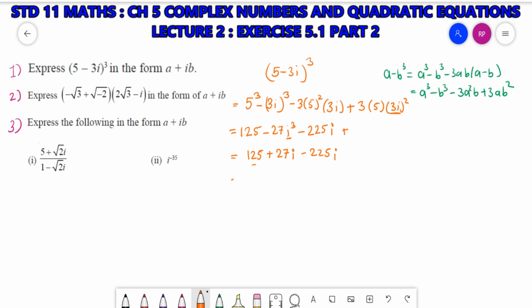So 27 into 5 equals 135. 135 i square. Now i square is minus 1, so it will be minus 135. So 125 minus 135 is minus 10, and 27 minus 225, that is minus 198i. So a is minus 10 and b is minus 198. Clear? So note down this extra question.